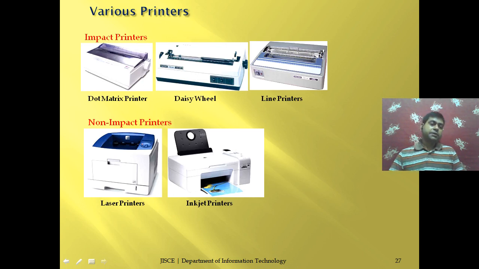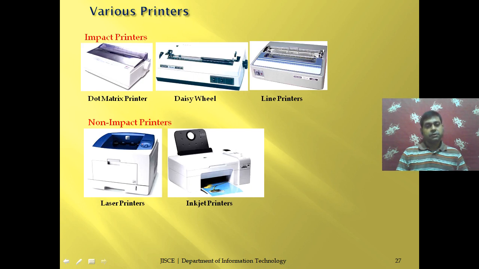But a non-impact printer has no impact for printing, and it's less noisy, and non-impact printers are much costlier than impact printers, and mostly they are used for sophisticated use, where the quality of printing is given the most importance.